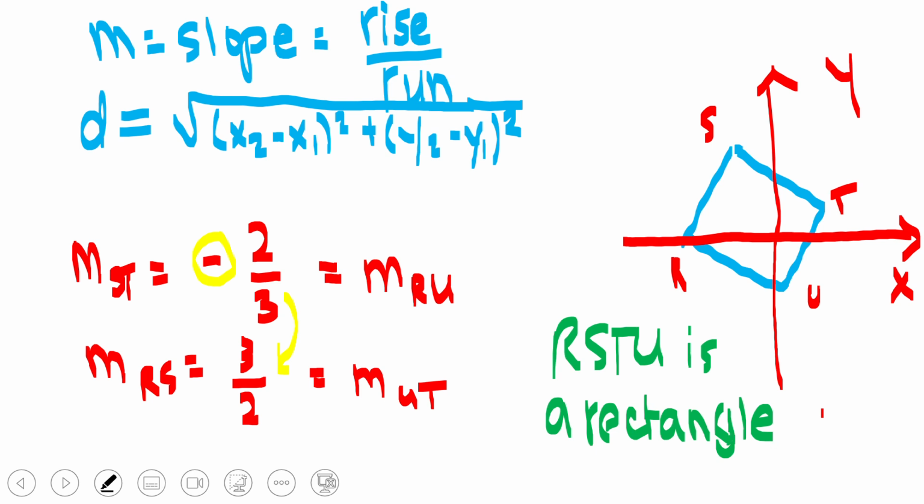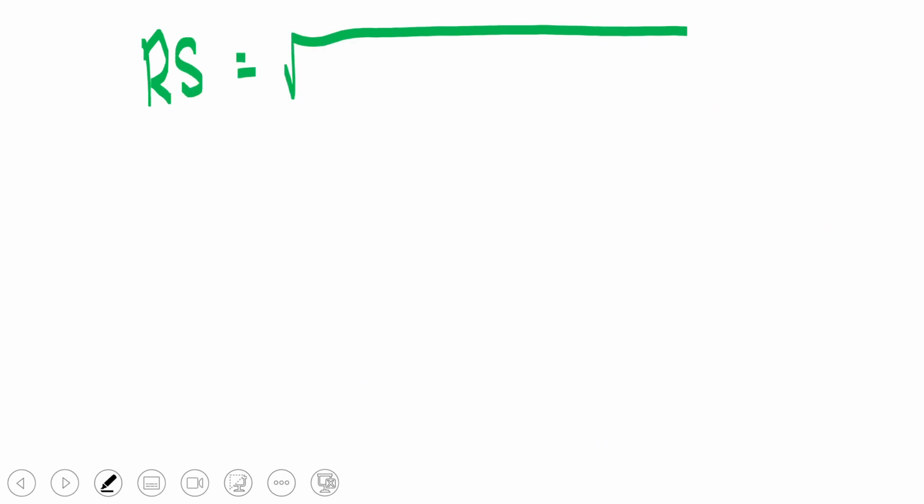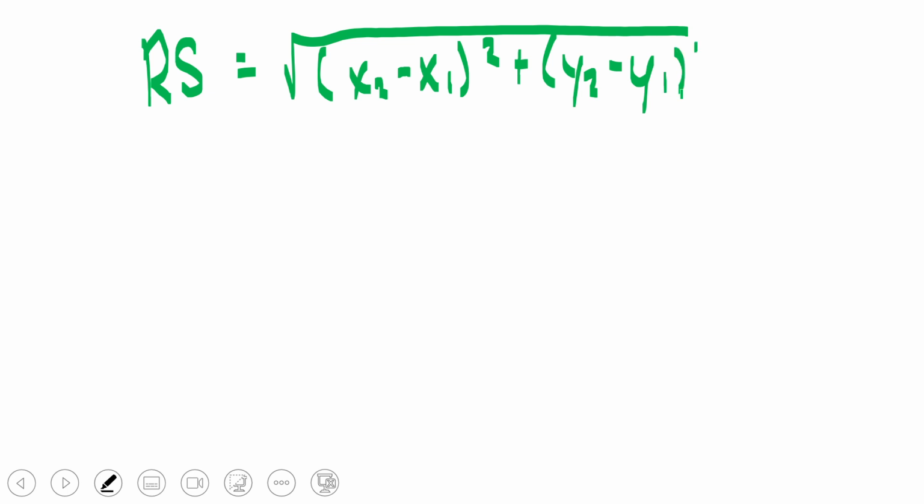Alright, using the distance formula, continue to consider your distances from the diagram in the book on page 250. And we are going to pop that in. We're going to say, alright, side RS is equal to the root of x subscript 2 minus x subscript 1 squared plus y subscript 2 minus y subscript 1 all squared.